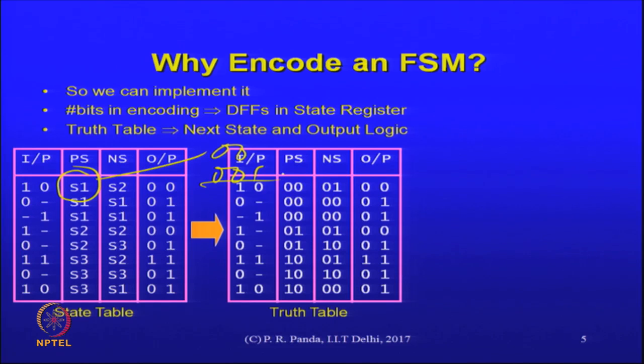When I do this encoding, I just replace the occurrences of the symbolic state S3 by the respective encoding. All these S3s are replaced by the equivalent codes.